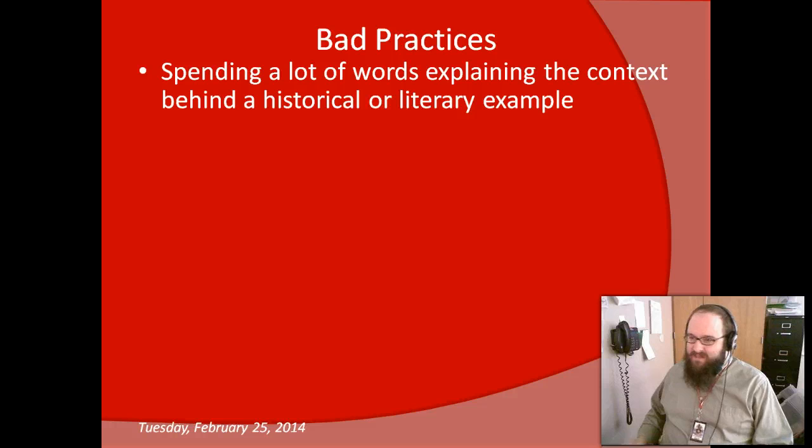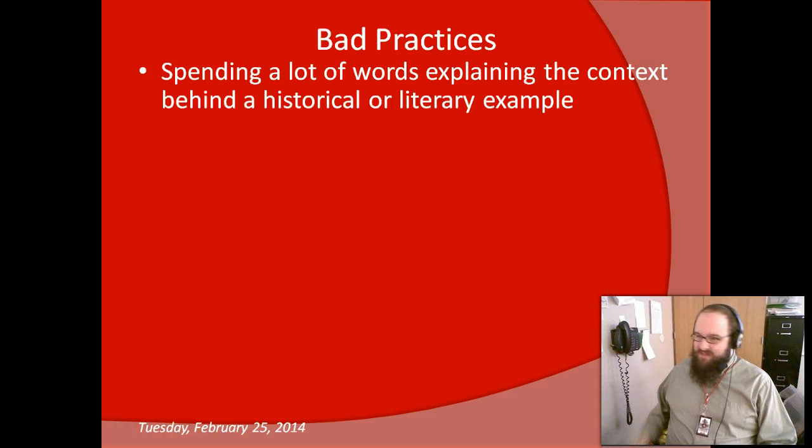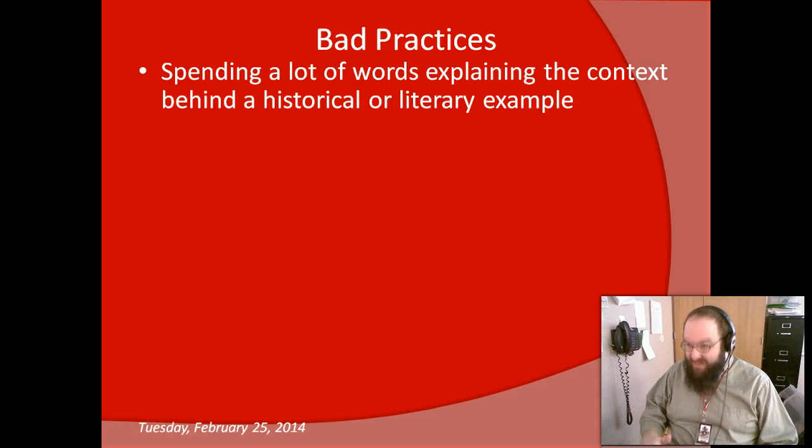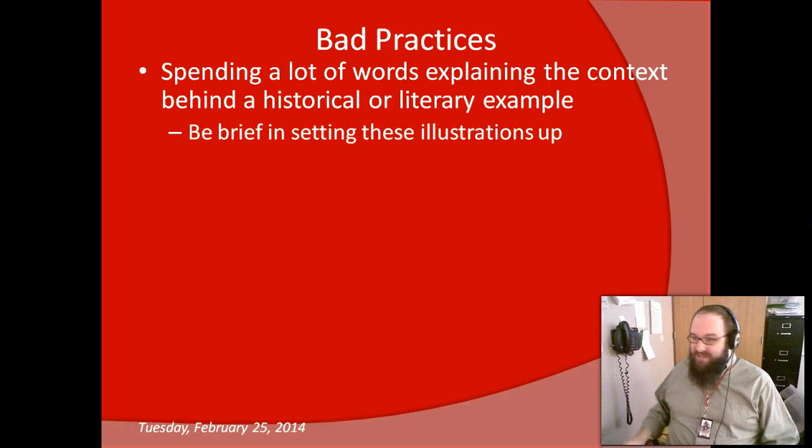Bad practices, spending a lot of words explaining the context behind a historical or literary example. I see this all the time. A student wants to use an example from the American Revolution, and then they tell me, you know, in 1776, Thomas Jefferson, blah, blah, blah, and then they spend the whole rest of the page telling me all of the events that led up to the thing that they want to use as their example. That's not building ethos, that's wasting space.